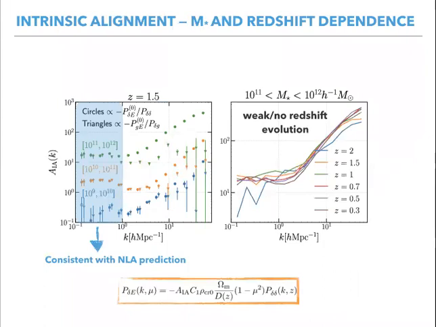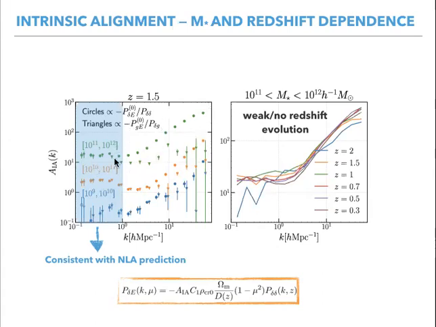We first check the stellar mass and redshift dependence of the galaxies in Illustris TNG. This figure shows A_IA as a function of scale, which is basically the intrinsic alignment strength and how it depends on the scale.